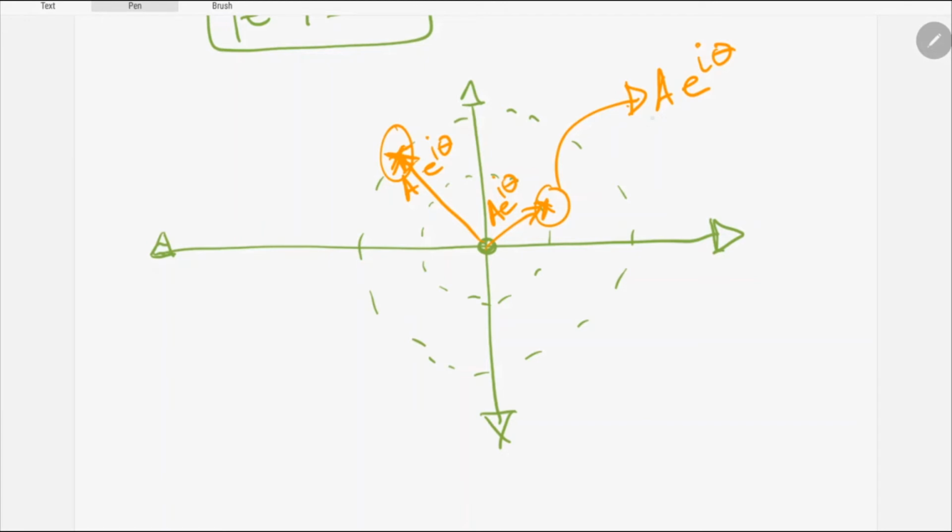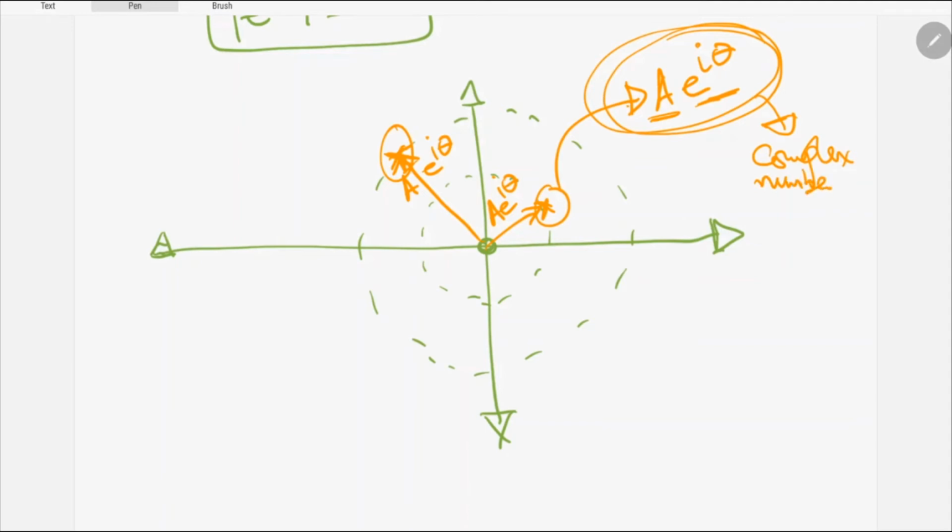where a represents how long this vector is, and this thing represents the phasor, and together they will be generating a complex number, right? So are we really sure?